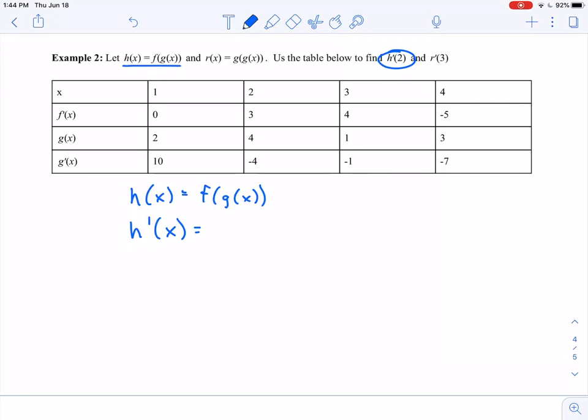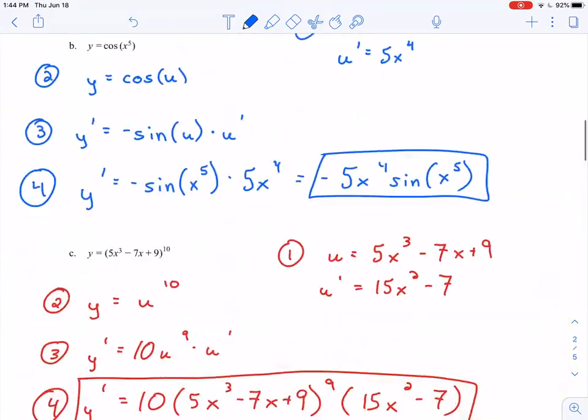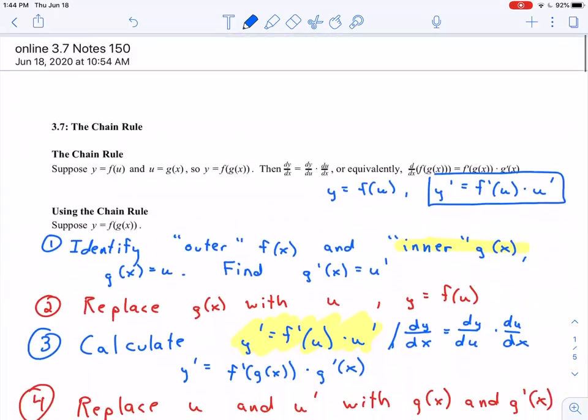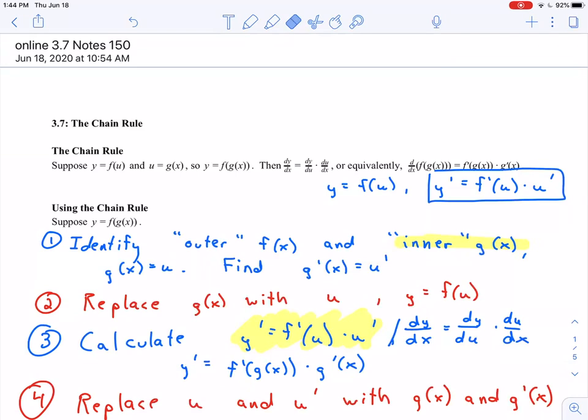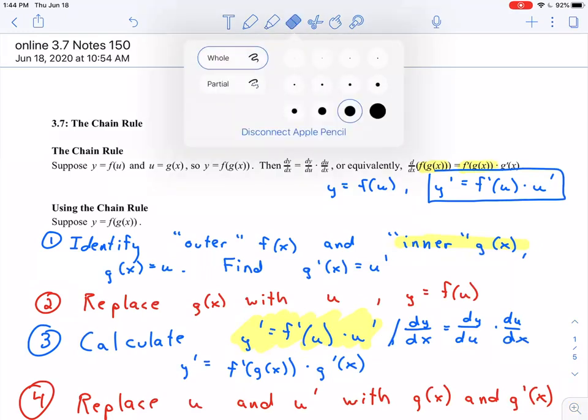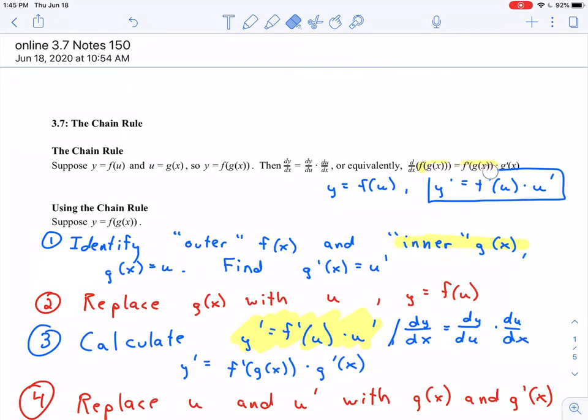Because when we write h of x equals f of g of x, if I go all the way back to the very beginning definition, we said the derivative of f of g of x is really f prime of g of x times g prime of x. So we can use that same notation for this example.